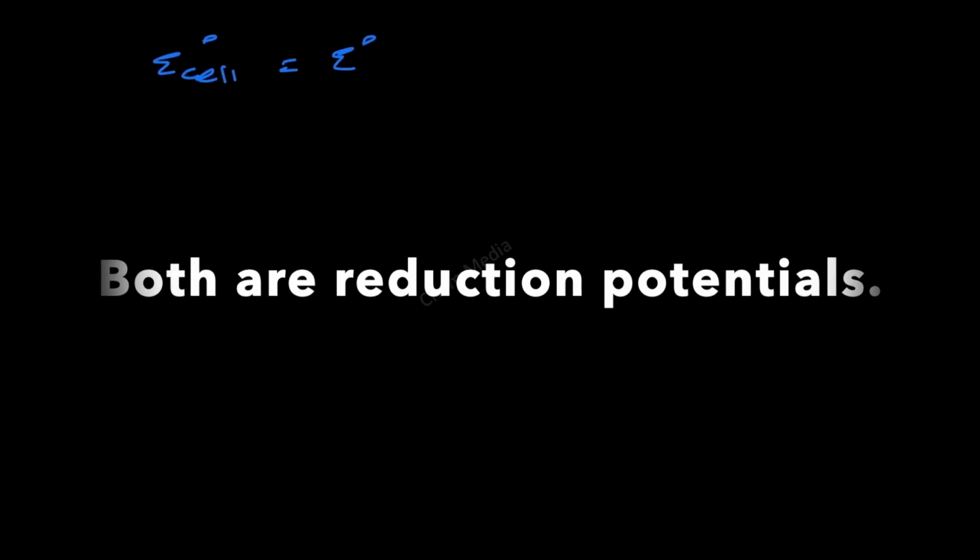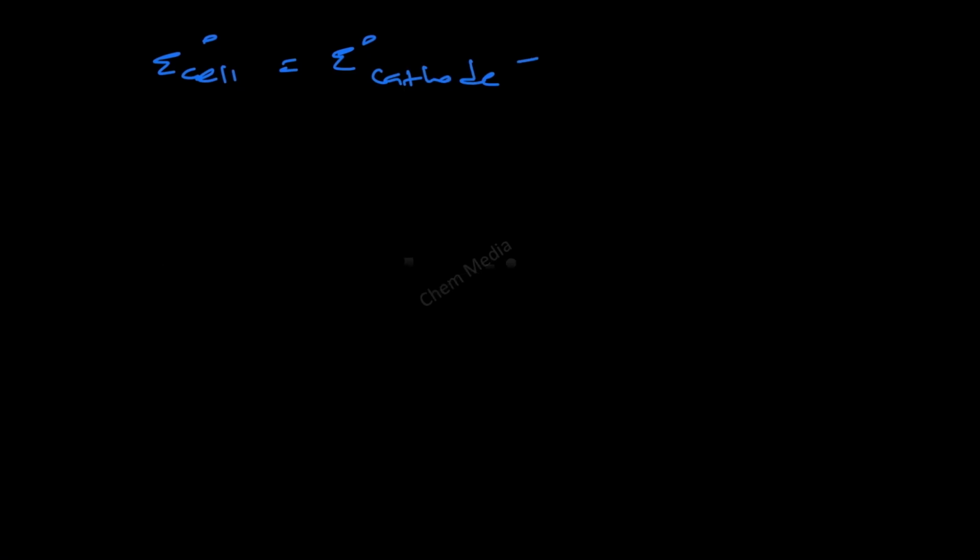And we also know that Ecell standard is equal to the standard value for the cathode minus the standard value for the anode. So here H2 is the reference electrode. For the reference electrode, we keep it as 0 volt. That is not given, but this is something you are supposed to know.